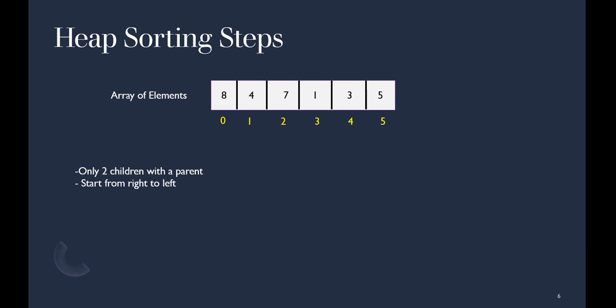Then I'm going to the heap sort technique. In the heap sort technique, this given is the array of elements, where the heap only has 2 children per parent and should start from the left.